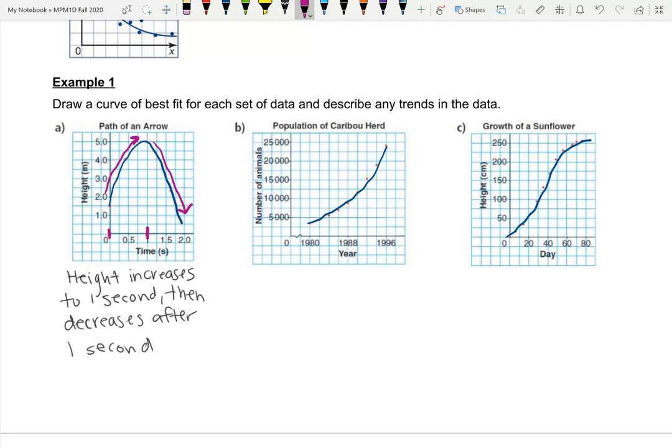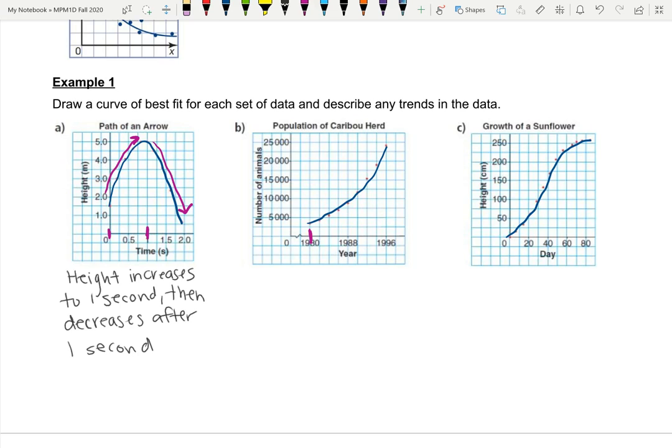Next, this is comparing the year and number of animals. So our information starts at 1980. All of the entire set of data points shows that the number of animals is increasing.